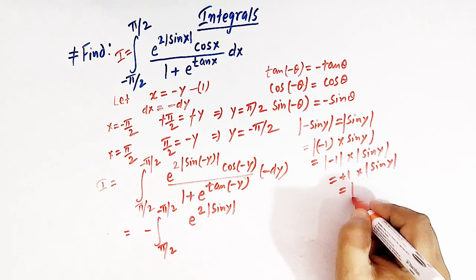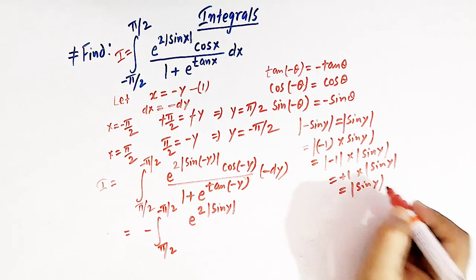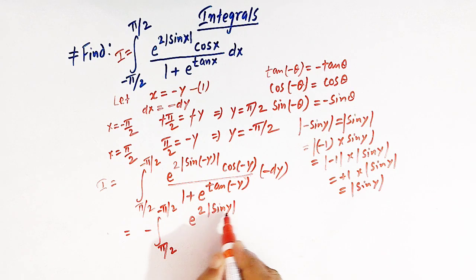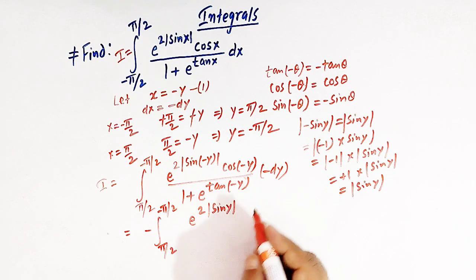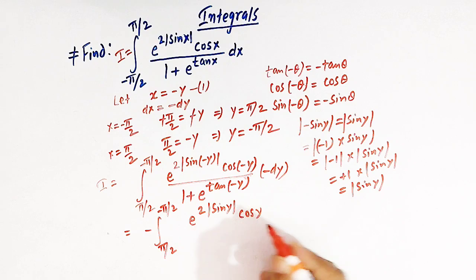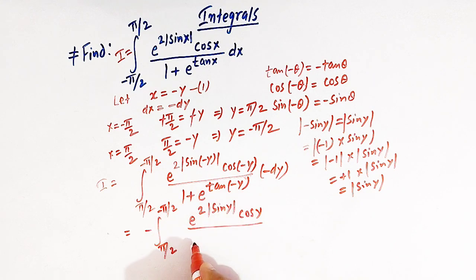So we have 2 times mod of sine y, and cos of minus y is simply cos of y, and here we have 1 plus e raised to minus tan y, and dy.